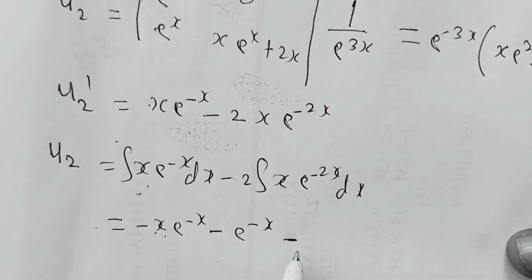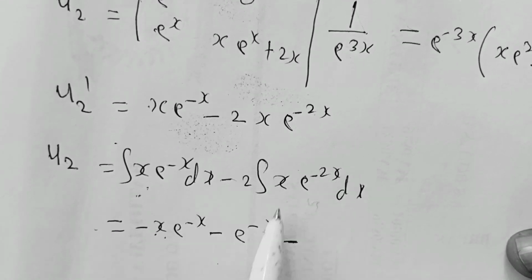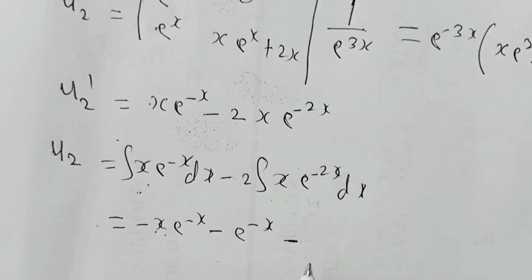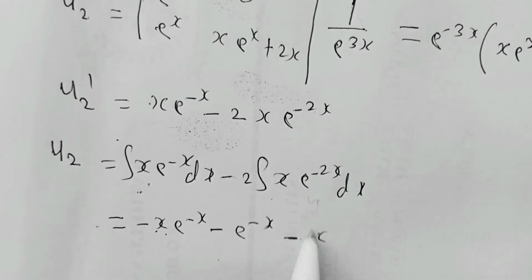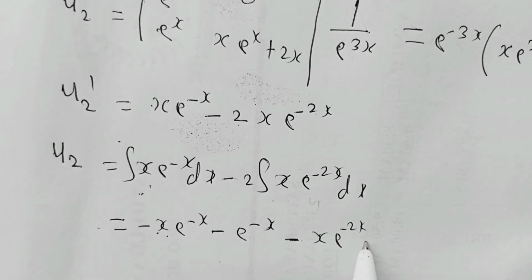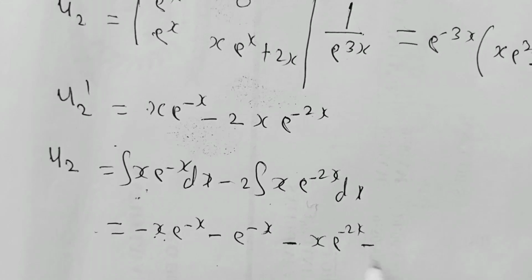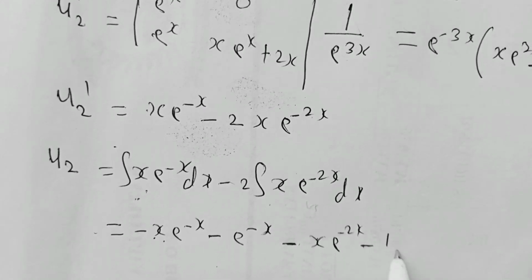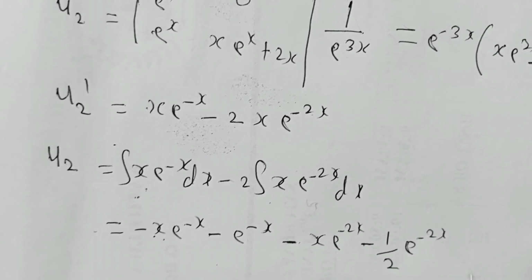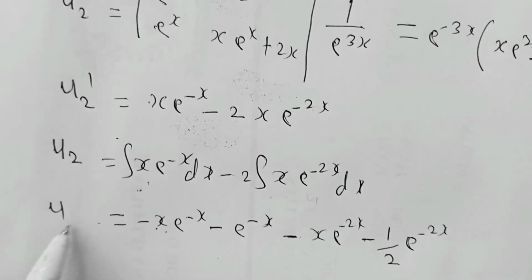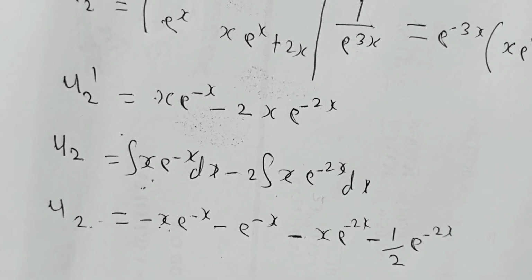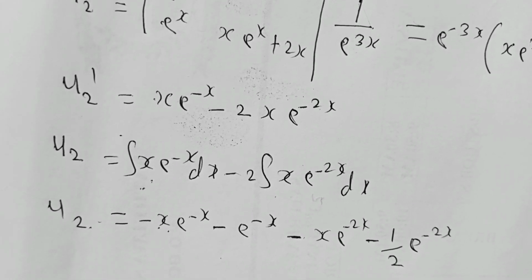Minus this other part here will give you negative x exponential negative 2x minus half exponential negative 2x. So that is our u2, which can be simplified to obtain the following.